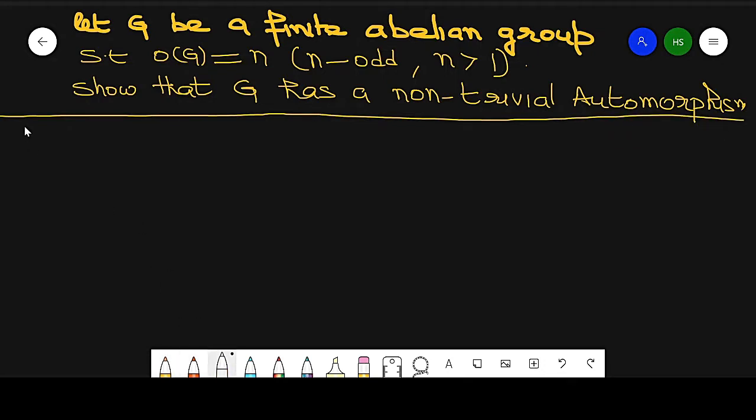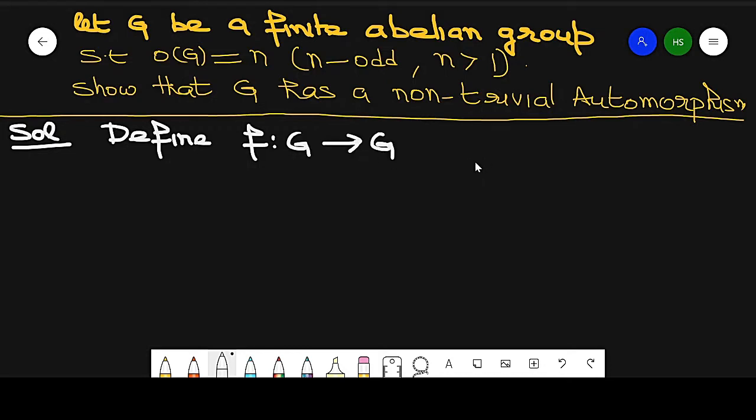Now, to prove this, the solution. In the given problem, we define a map F from G to G, defined by F of a equals a inverse.